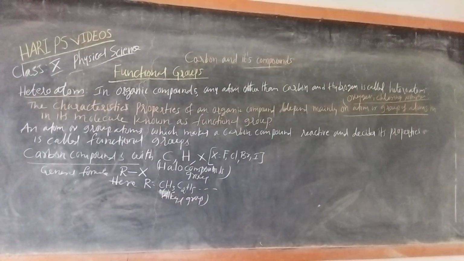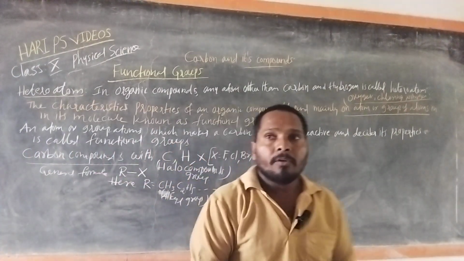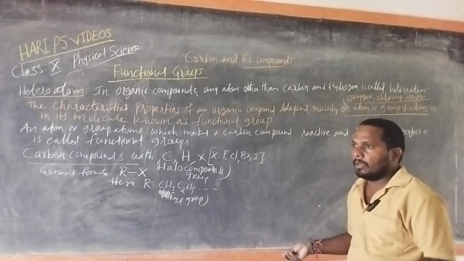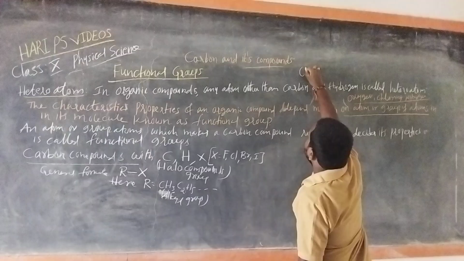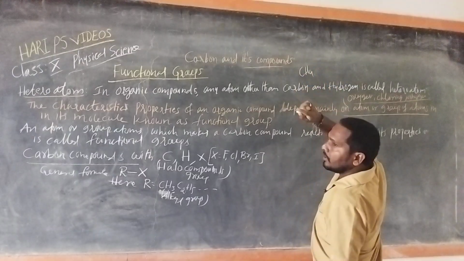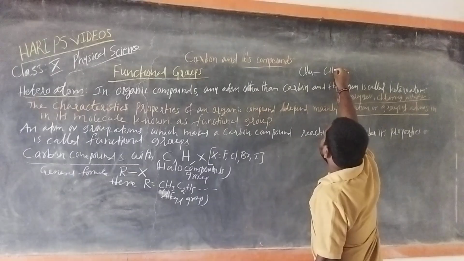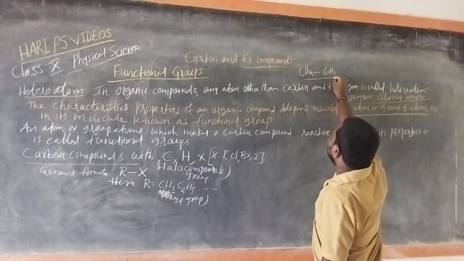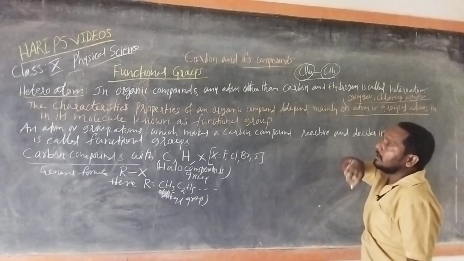Previously we discussed the alkyl groups. How do we get the alkyl groups? From a hydrocarbon, if we remove one hydrogen. From methane, if you remove one hydrogen, it becomes CH3, which is methyl.